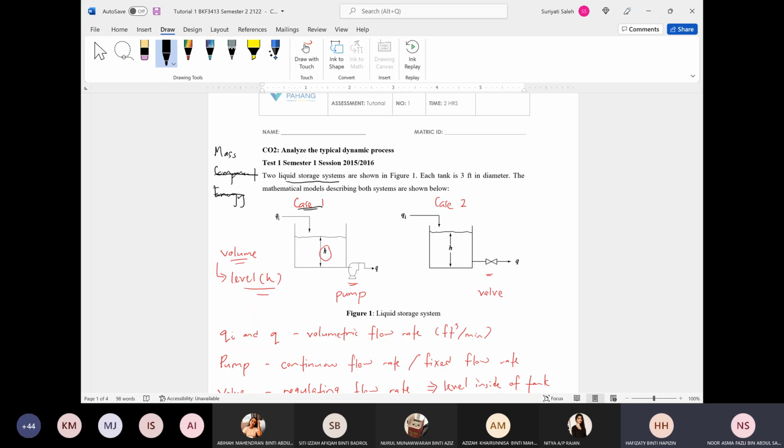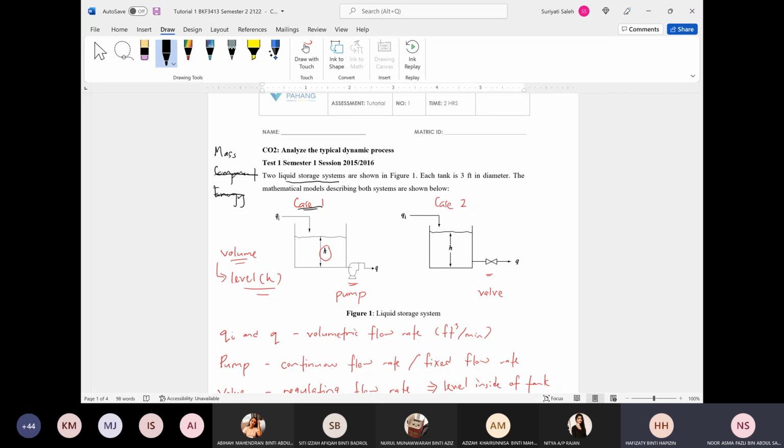Just to add, sometimes in the final examination or the test, normally we don't ask you to derive all of the balance. So you need to read the question, what is the balance needed to solve the problem? And then you need to analyze and understand the given figure, for example, to find what is the relevant variable.